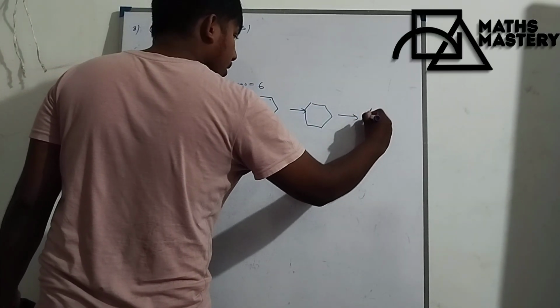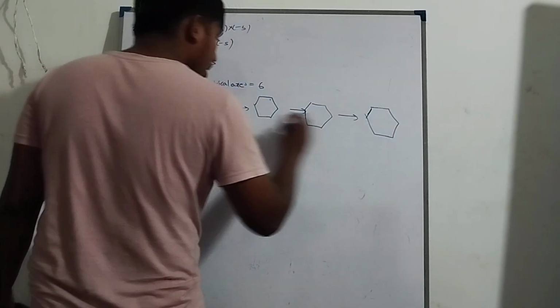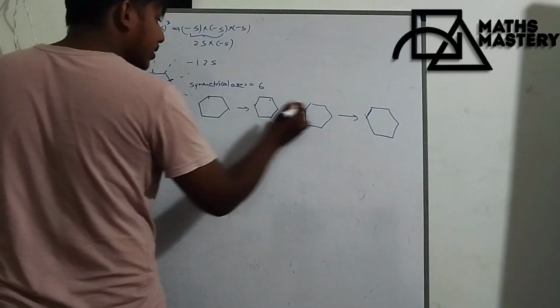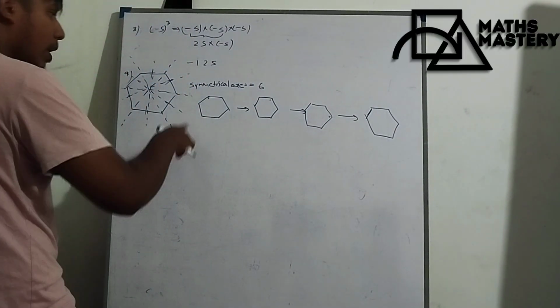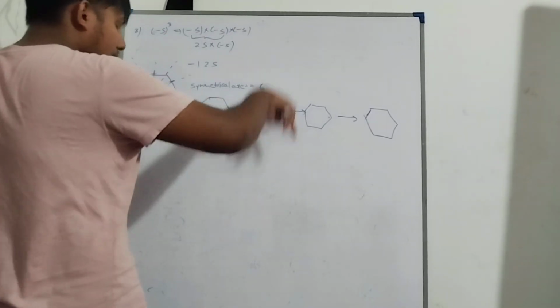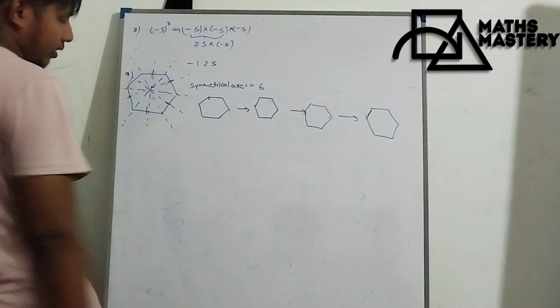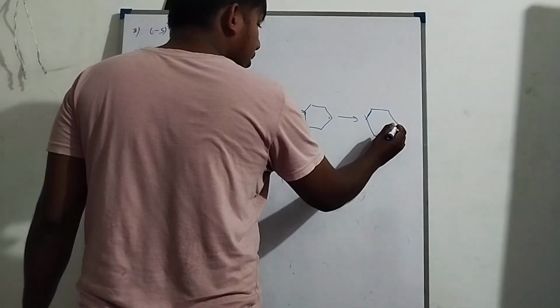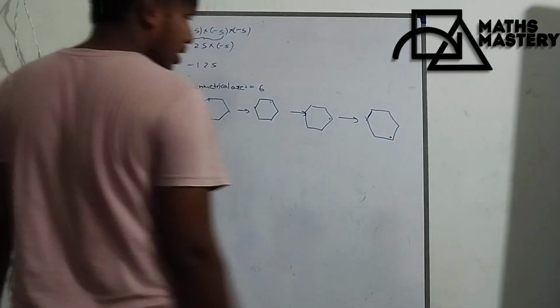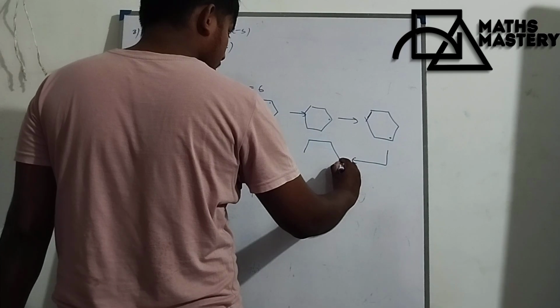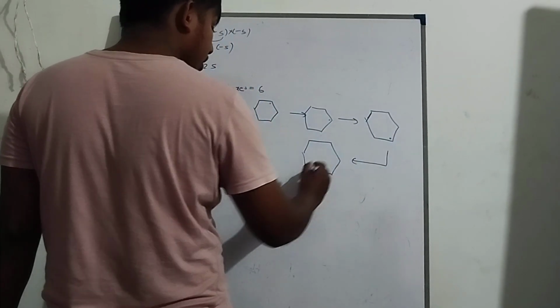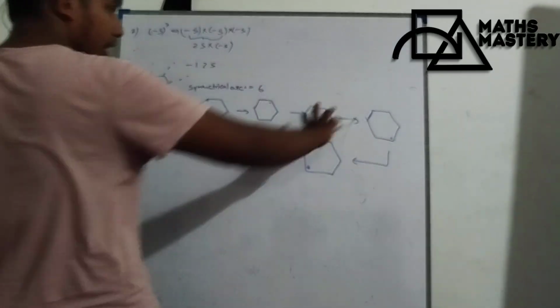Then when I'm again shifting this, again this point comes to here. In order of symmetry, what should happen is this point should come again to the same position after rotating. So again this position comes to here, and again let's go down, this position comes to here when rotating like this.